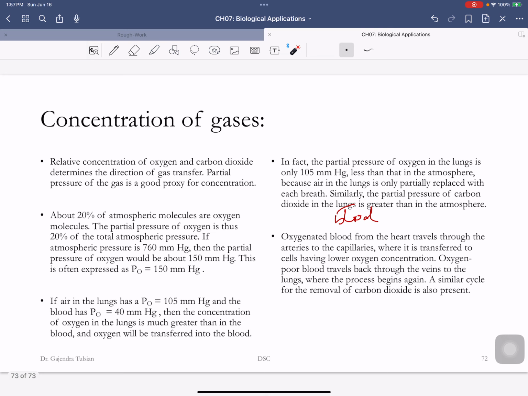All right, so we saw how pressure and diffusion work in your body to exchange nutrients, to expel waste products, and so on.